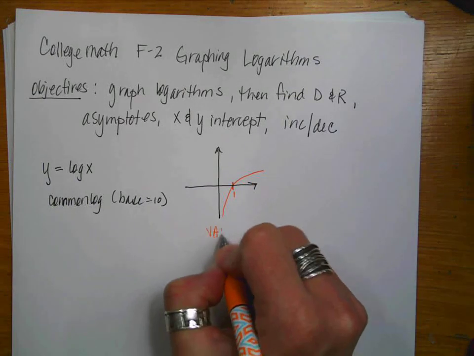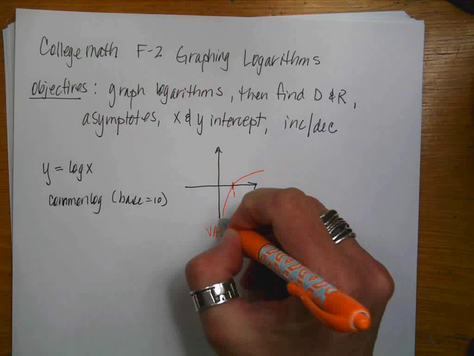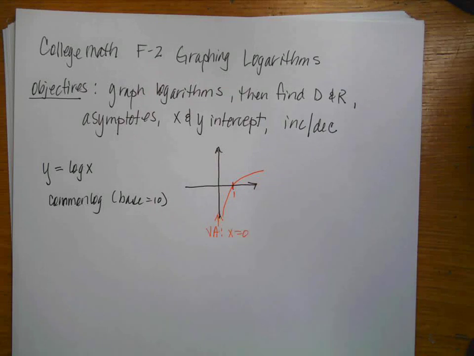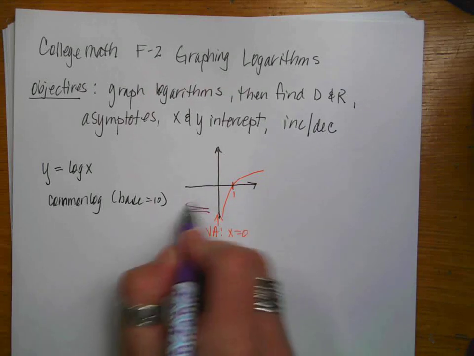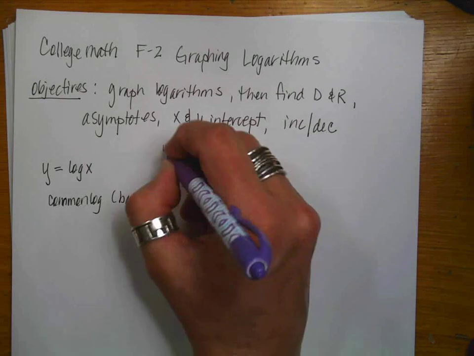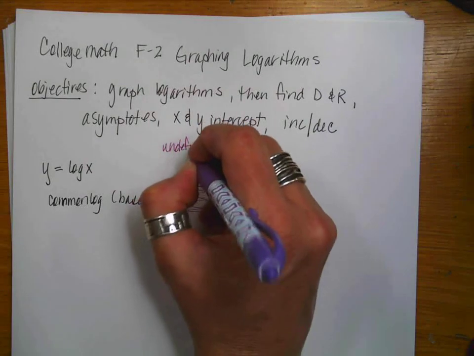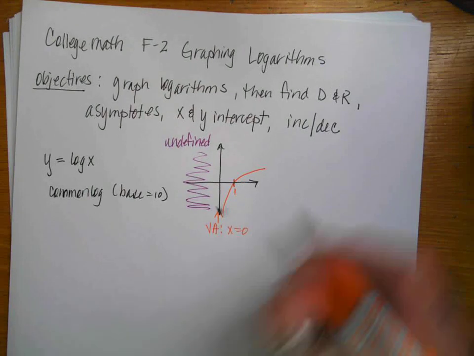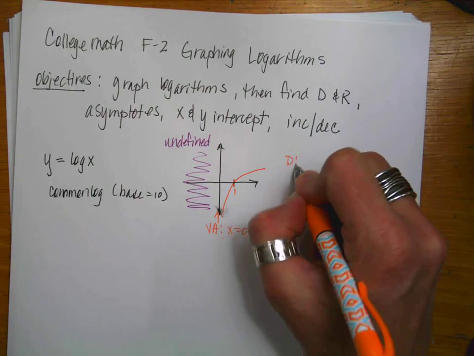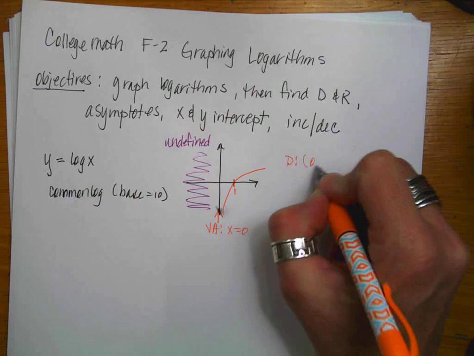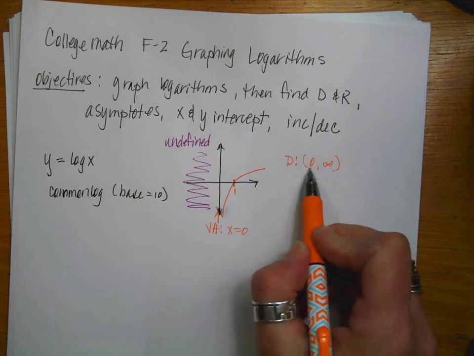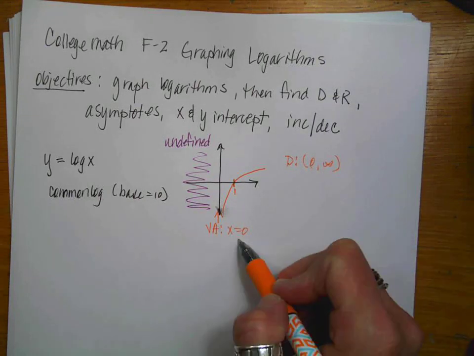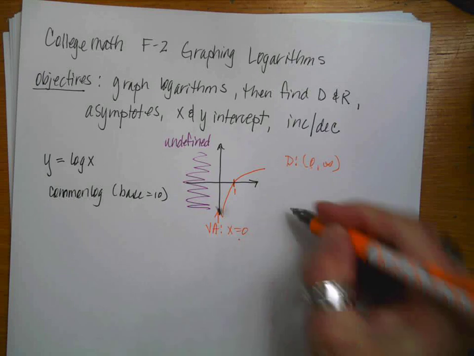I have a vertical asymptote at x is equal to 0, which is your y-axis. And then everything over here is undefined because you can't take the log of a negative number, okay? So my domain on this one is going to be from 0 to positive infinity. And again, the 0 is not included because it's a vertical asymptote.